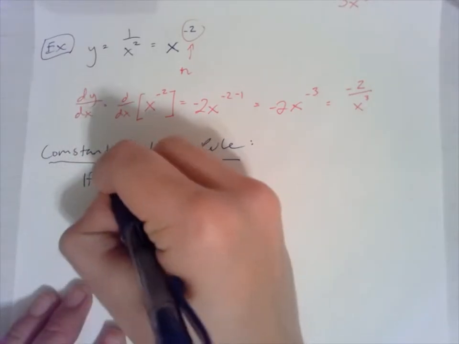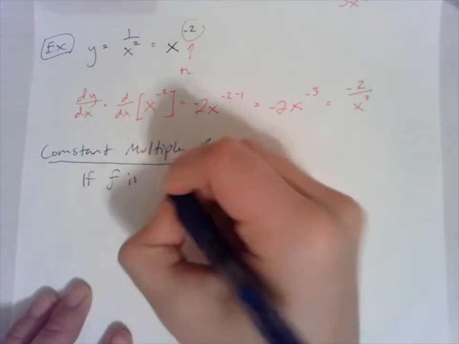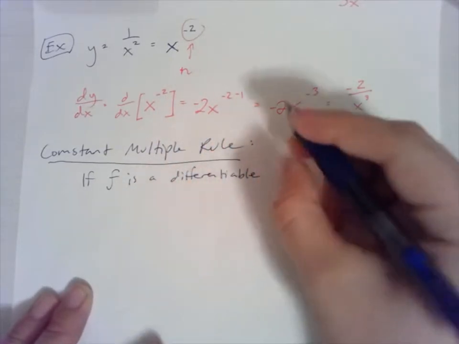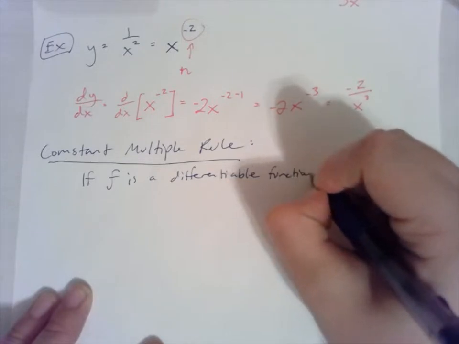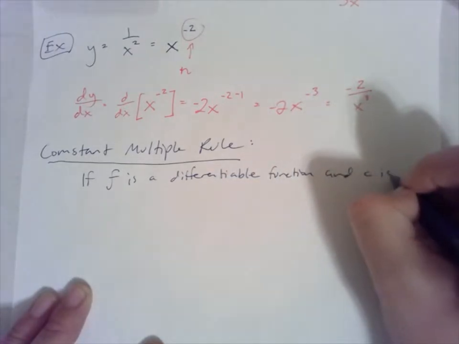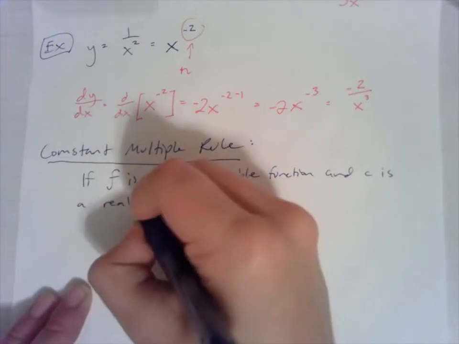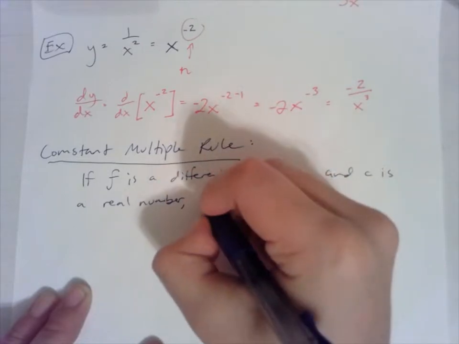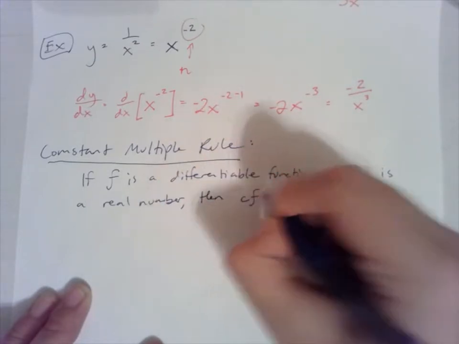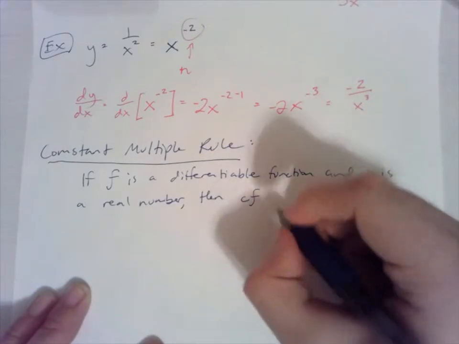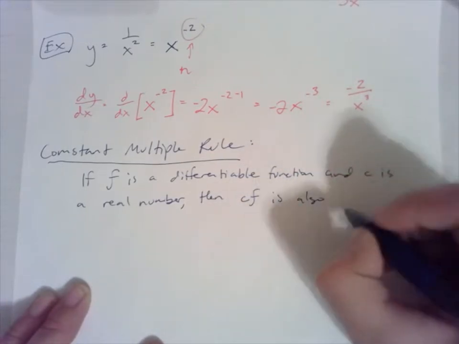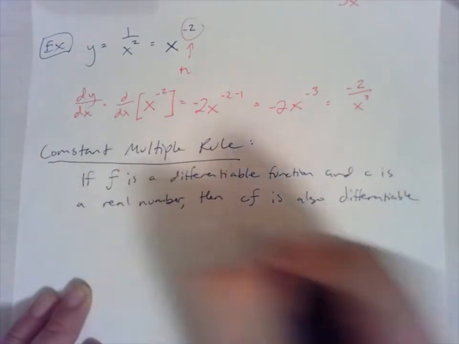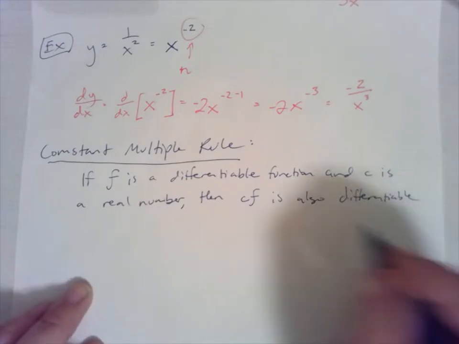So, if our function f is a differentiable function, and c is a real number, then c times the function is also differentiable, and we can arrive at the following rule.